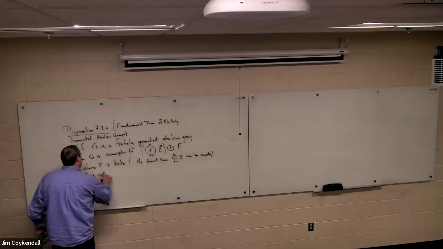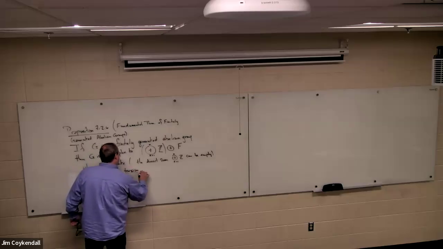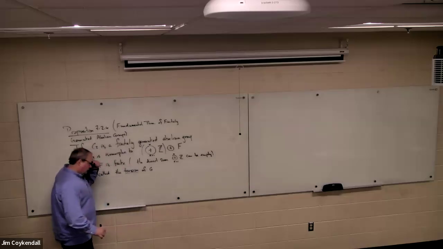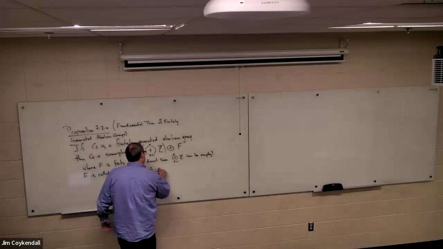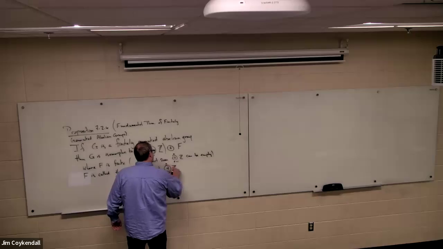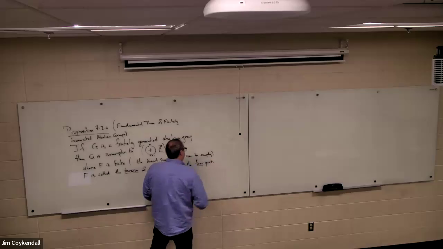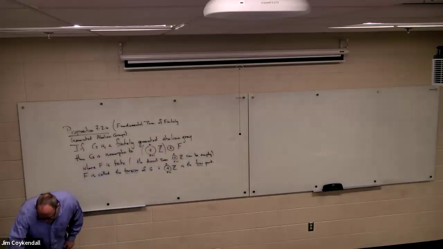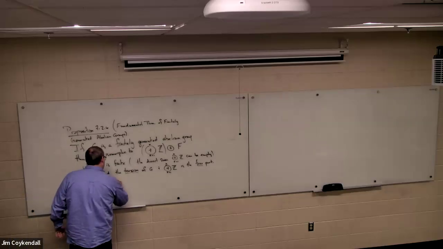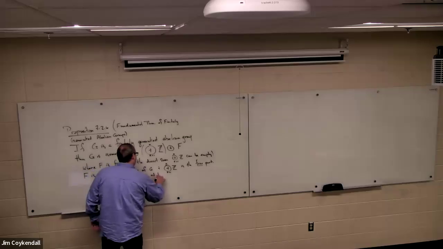F is called the torsion part of G. So if you ever hear that terminology, that's what is being discussed. n is the rank of the torsion.